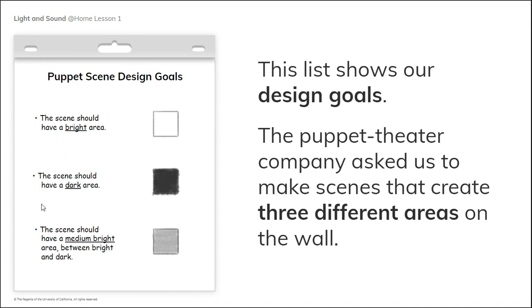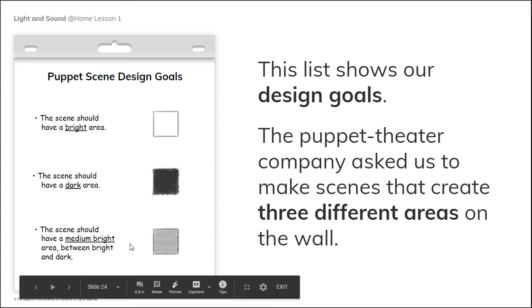Okay, so this list shows our design goals. Remember, we're light and sound engineers. We're trying to help the puppet show a little bit. So these are our goals. The scene should have a bright area, a dark area, and a medium bright. So it's not really bright and it's not really dark.